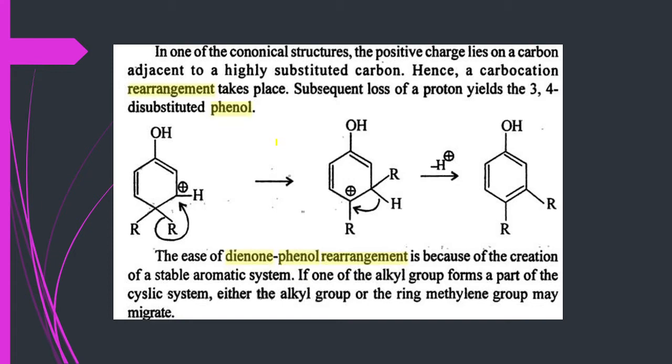The ease of the dienone-phenol rearrangement is because of the creation of a stable aromatic system. In this mechanism, we have a cyclohexadienone containing a C2 or C4 alkyl group.